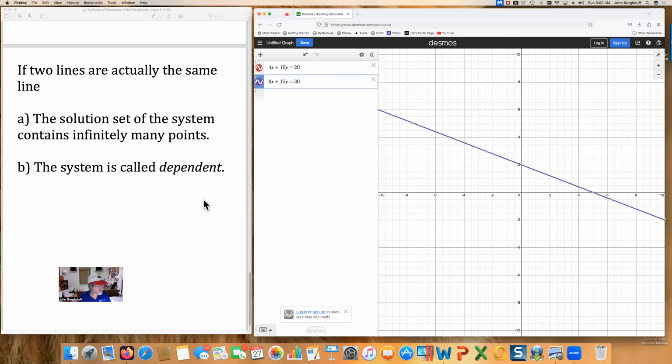So one solution, if the two lines cross in a single point: independent system. No solution, parallel lines: inconsistent system. Infinitely many solutions, same line: dependent system. So I hope that that brief description is helpful.